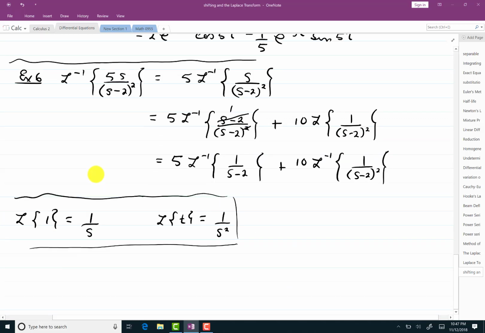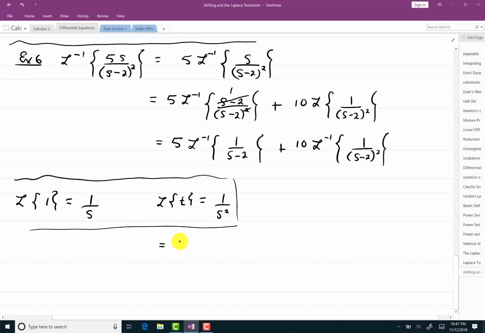So in this problem, I get 5 e to the 2t times 1, and the other would typically turn out to be t, but then we have the shifting to the right 2.